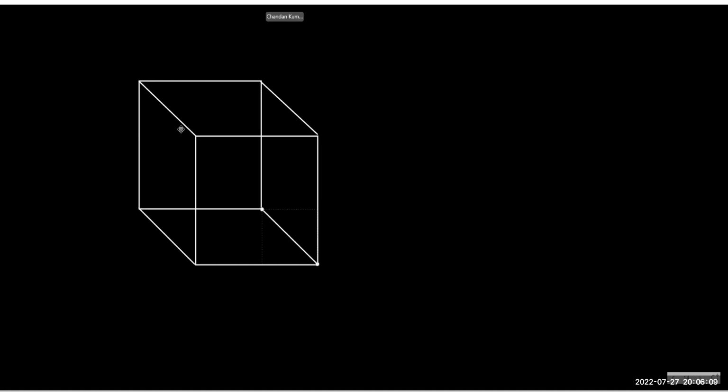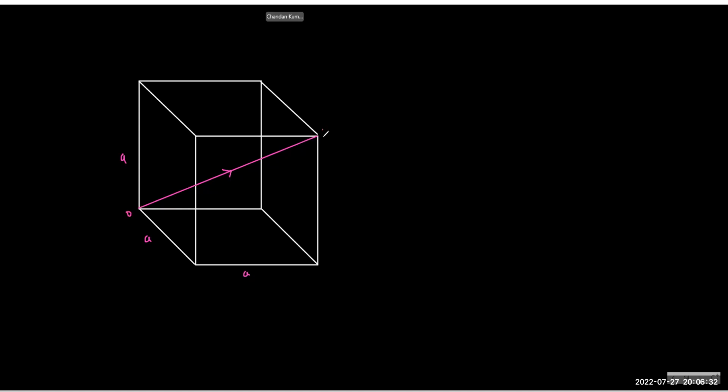Imagine this is a cube of some side, and we have a diagonal. Okay, this is the diagonal.